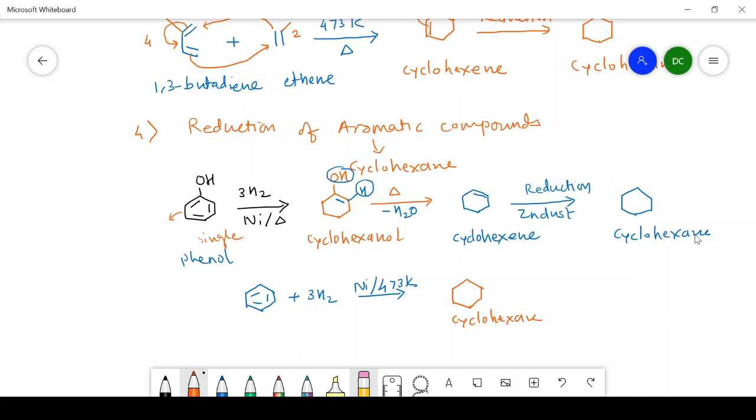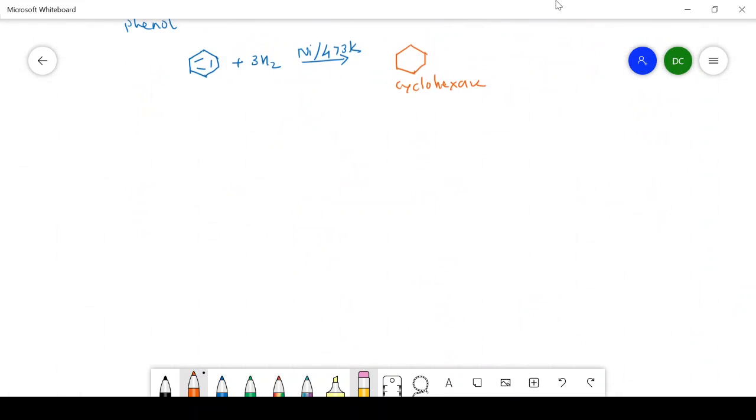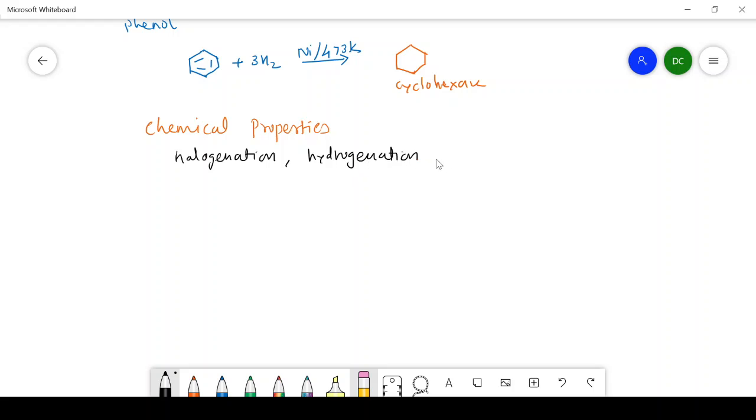Now we will turn towards the chemical properties of cycloalkanes. In the study of chemical properties, we must know what is meant by halogenation, what is meant by hydrogenation, and what is meant by hydrohalogenation. So just we will revise these terms.